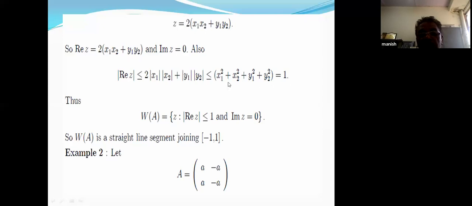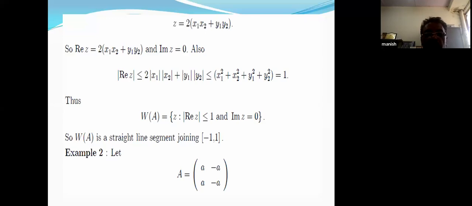Why is this 1? Because x is a unit vector. So the real part of z is less than or equal to 1 in modulus and the imaginary part is 0. This means the numerical range in the complex plane lies on the real axis, and the modulus of the real part is less than or equal to 1. So W(A) is a line segment joining -1 to 1, because the imaginary part is 0 and the real part varies from -1 to 1.